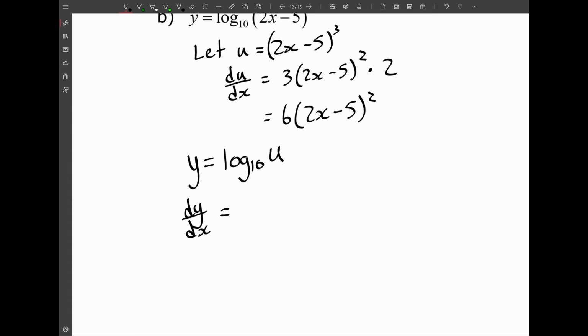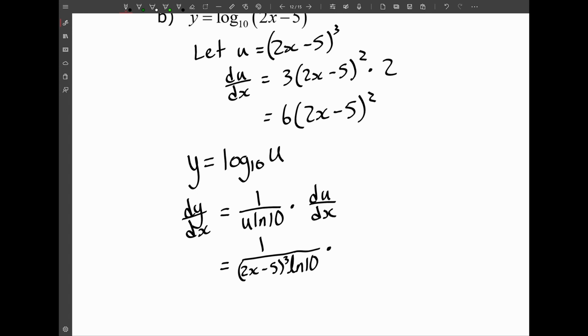dy dx is going to then be equal to 1 over u natural log of 10 times du dx, which is 1 over (2x minus 5) to the power of 3 natural log of 10 times 6 (2x minus 5) to the power of 2.